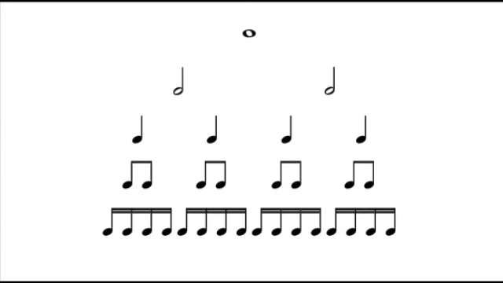So the whole system has a neat logic to it, with each note being worth half the duration of the one above it. Here they are all in one diagram that shows their equivalence. Notice that each line in the diagram has the same total duration.